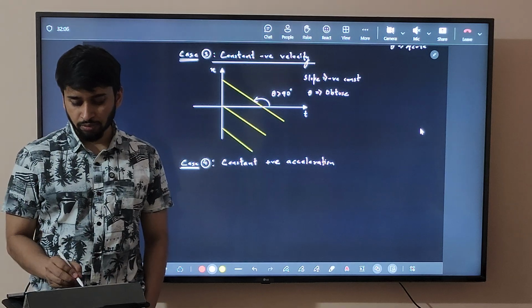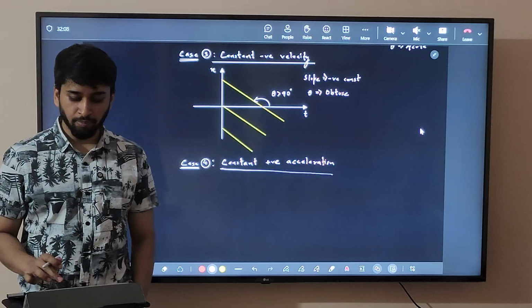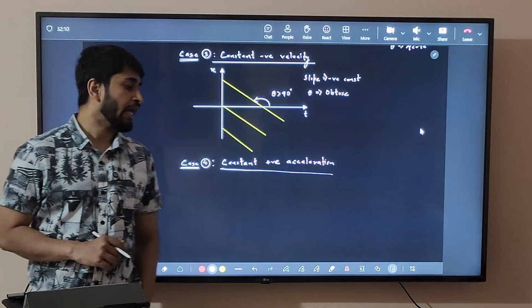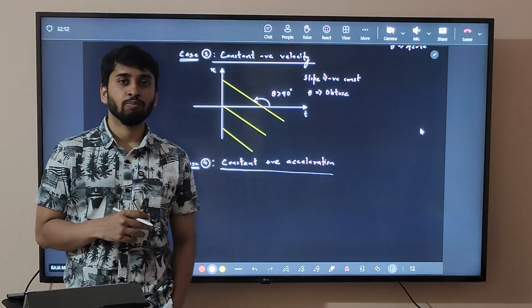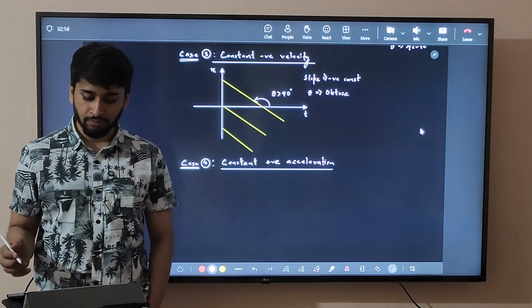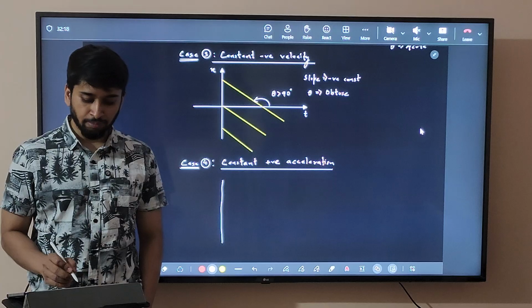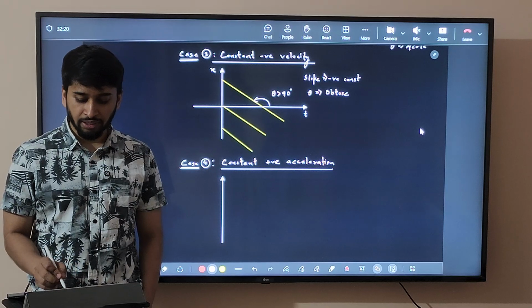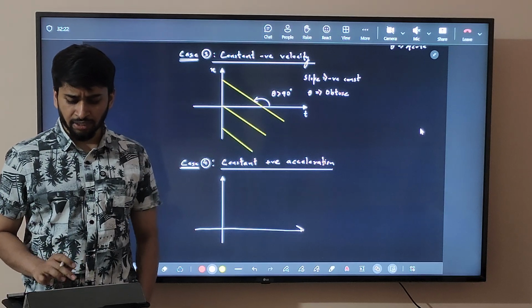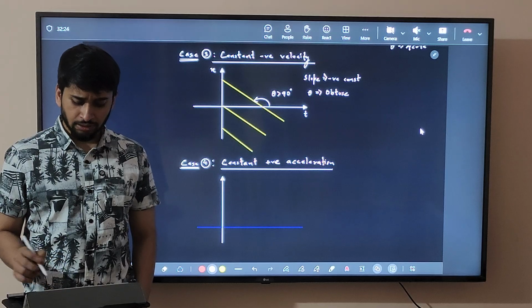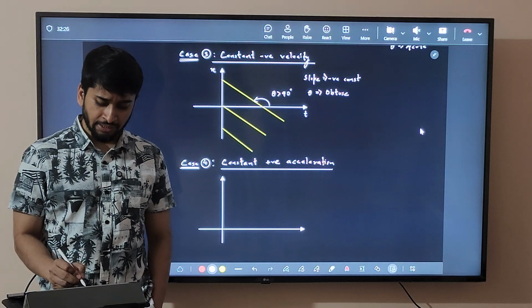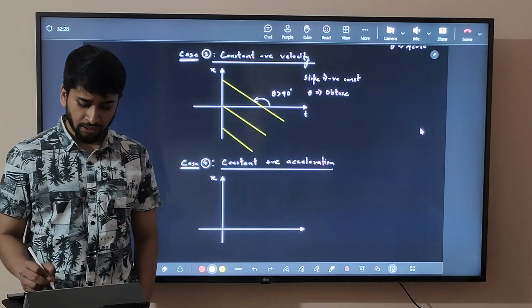So the body is moving on a straight line with constant positive acceleration. In that case, how will the position time graph be, right? So again, this is a part where students do feel difficulty. So pay attention. It's a very simple graph. Nothing too complicated here. It's a simple graph only, right?